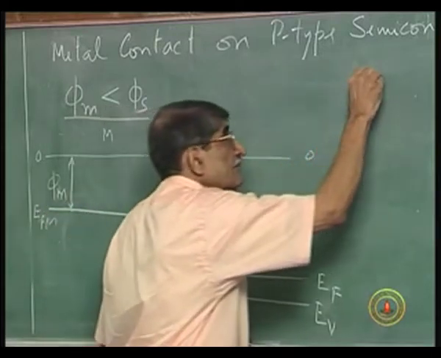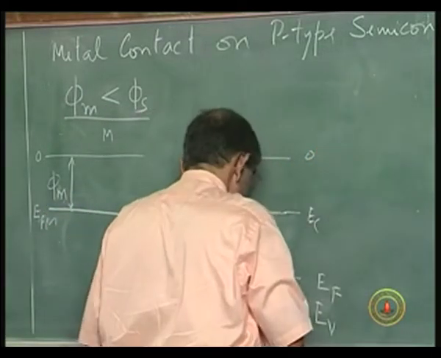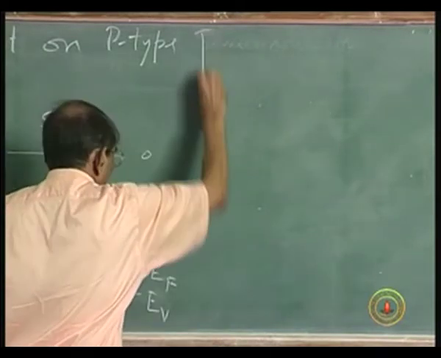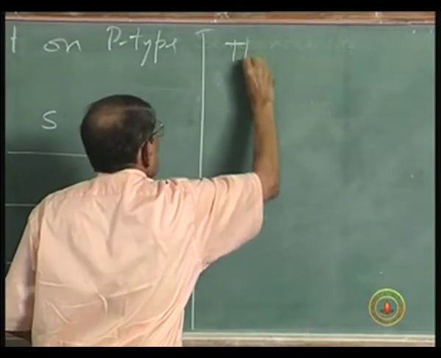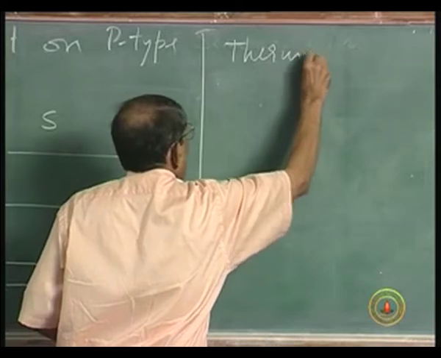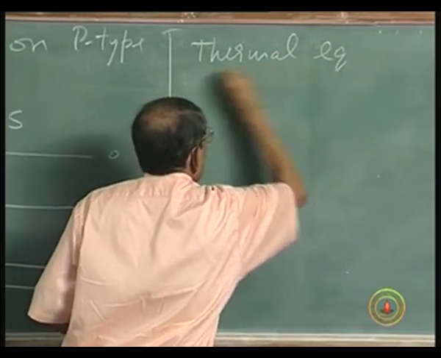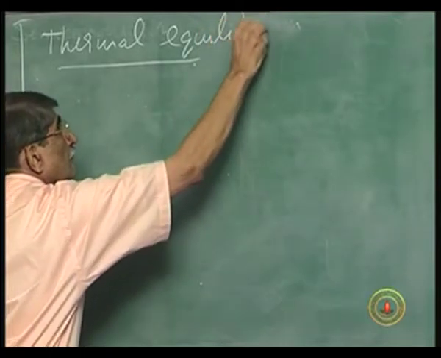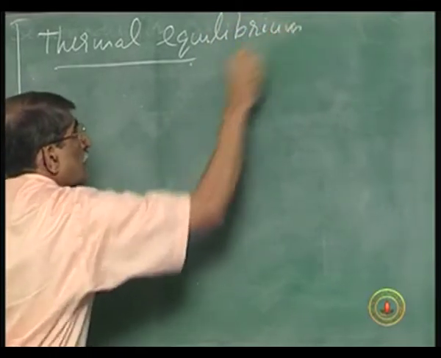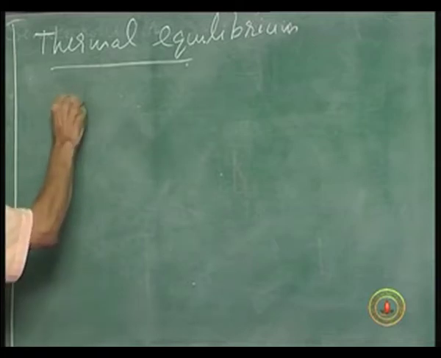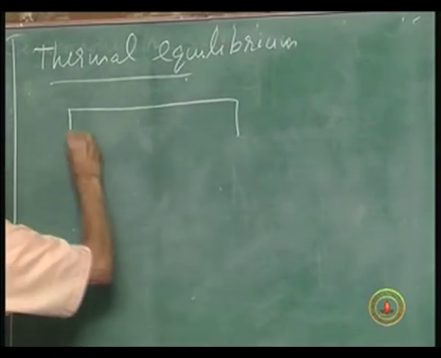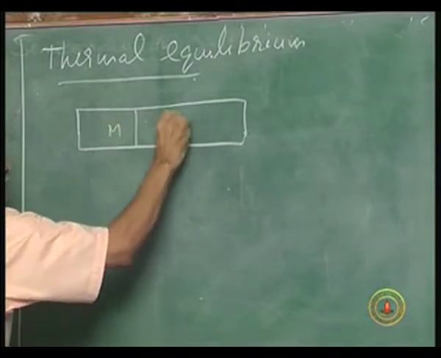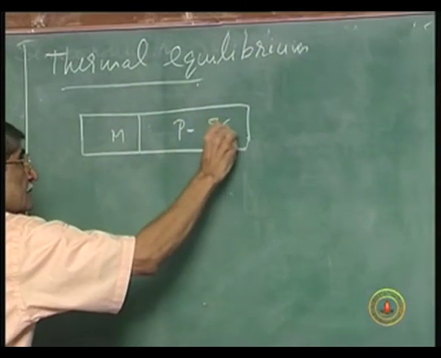I bring them together, at thermal equilibrium, and write down here. So, you have got these two situations, metal and p type semiconductor.